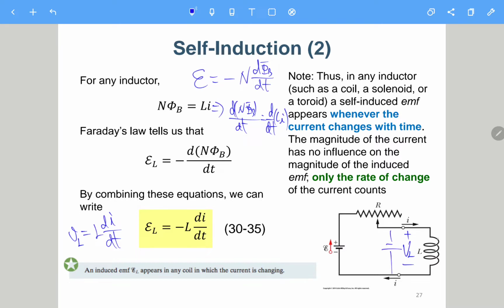So this is a negative induced EMF, or E L with a negative sign. So they're actually the same. But usually I just regard it as a voltage drop. I usually use this one, and in chapter 27 and chapter 31, I mainly use this one rather than the EMF.